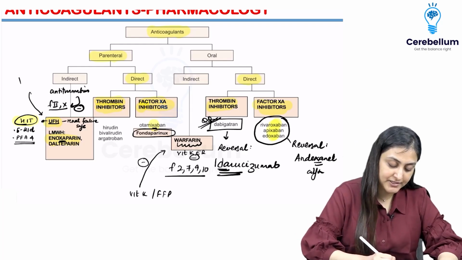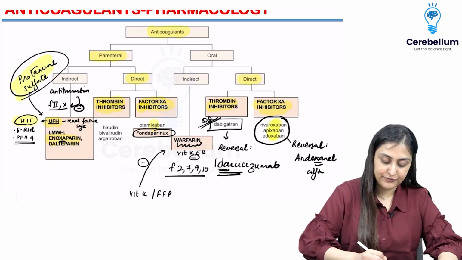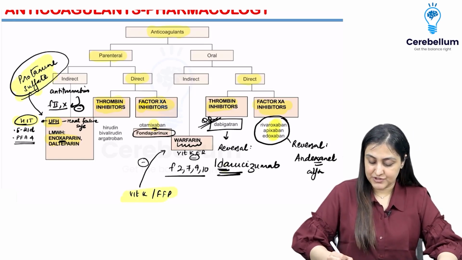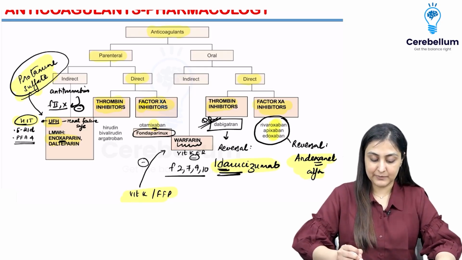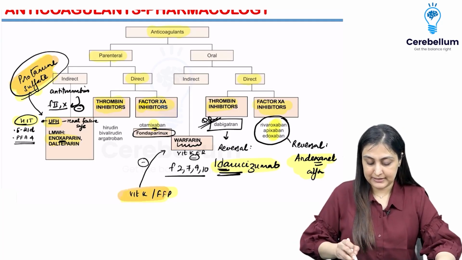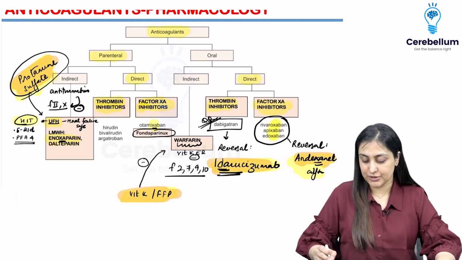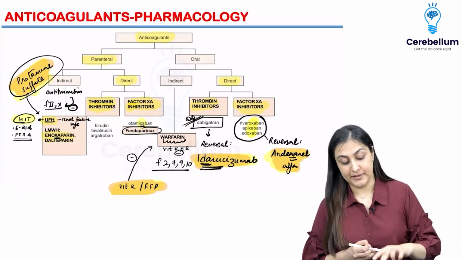The antidote is protamine sulfate. All of these reversal agents are very important, that I have highlighted in yellow. I am going to highlight them one more time in orange so that you remember that these are your antidotes. Okay, so this is all about anticoagulants from pharma.